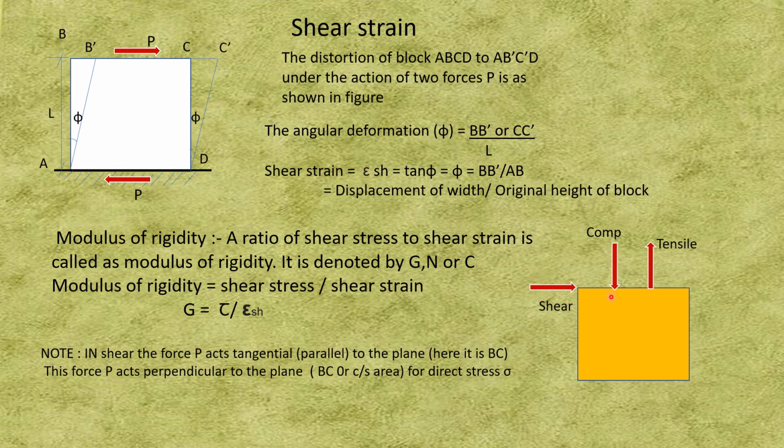That is the main difference. So in shear, the force P acts tangential or parallel to the plane. Here the plane is BC. For direct stress sigma, the force P acts perpendicular to the plane BC or the cross-sectional area.